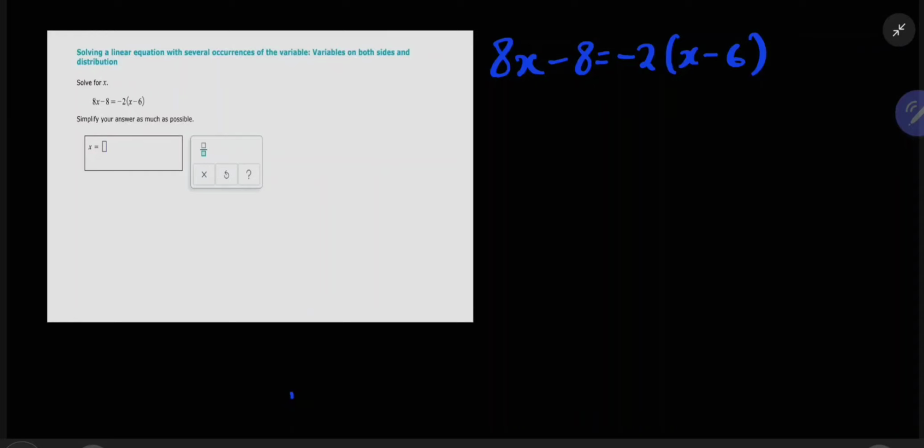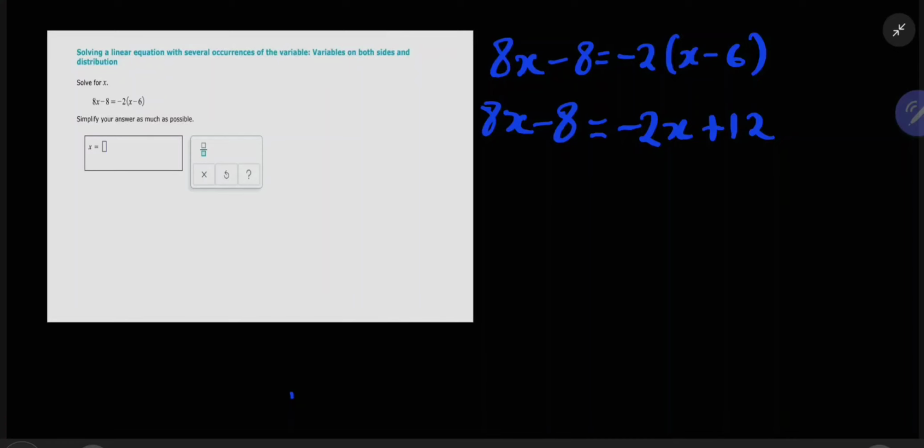So to solve for this, what's the first thing that should happen? Remember your order of operations. We would like to open this bracket first. So that will be 8x minus 8 equals minus 2 times x, that will be minus 2x. Minus 2 times minus 6, that's plus 12.